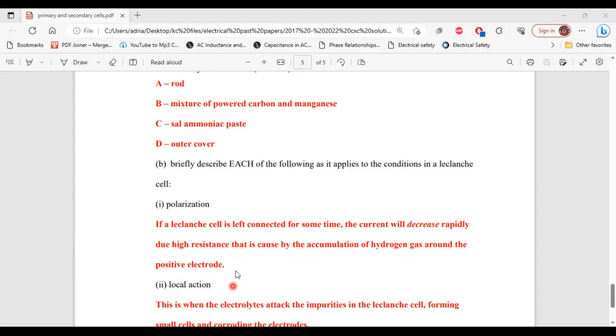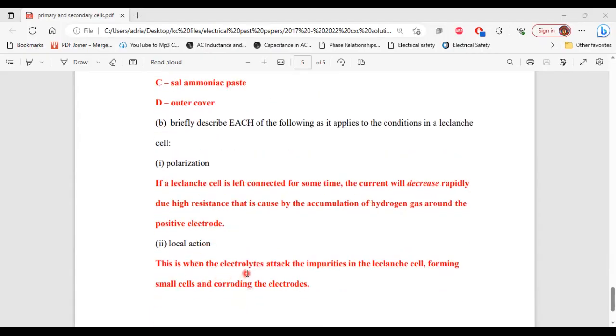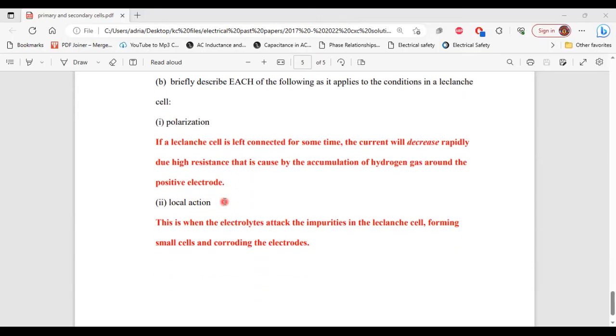Part 2, local action. This is when the electrolytes attack the impurities in the Leclanché cell, forming small cells and corroding the electrodes. All right, so that's it for part B, and that's it for this question.